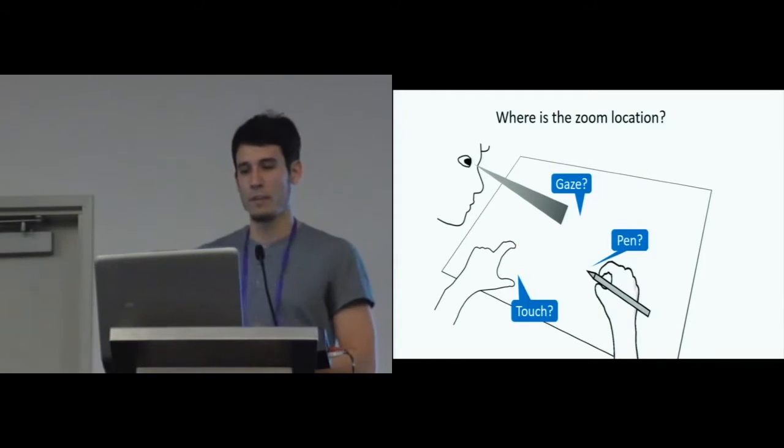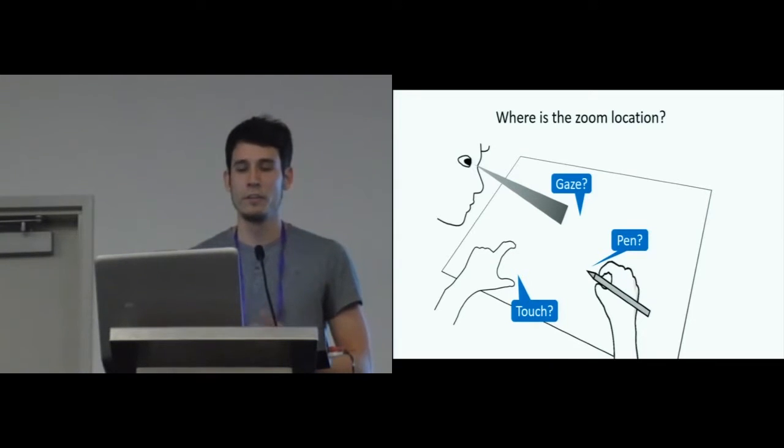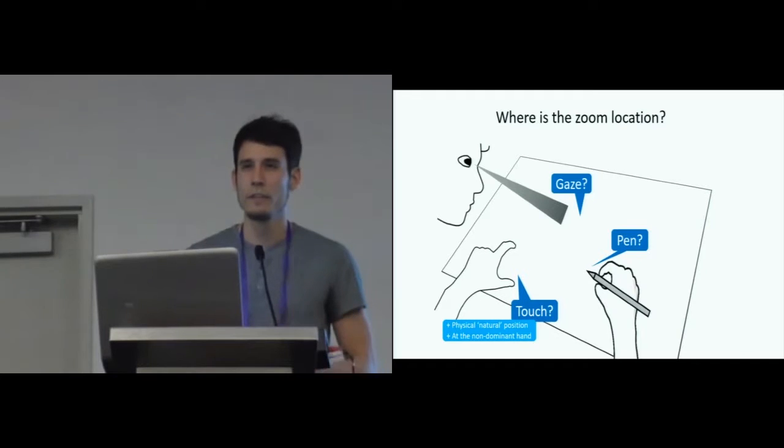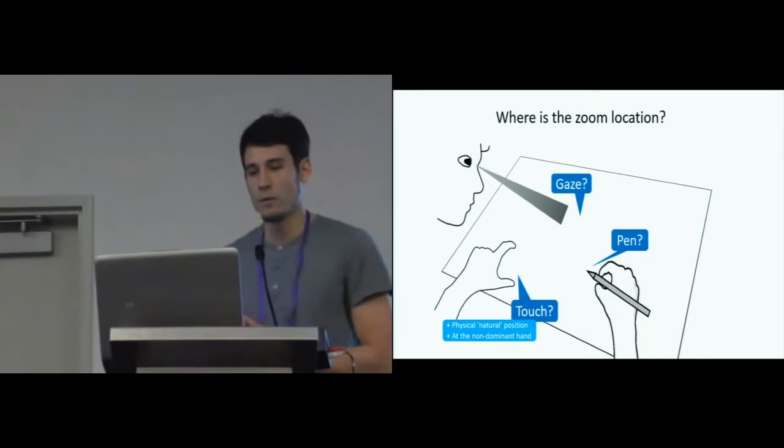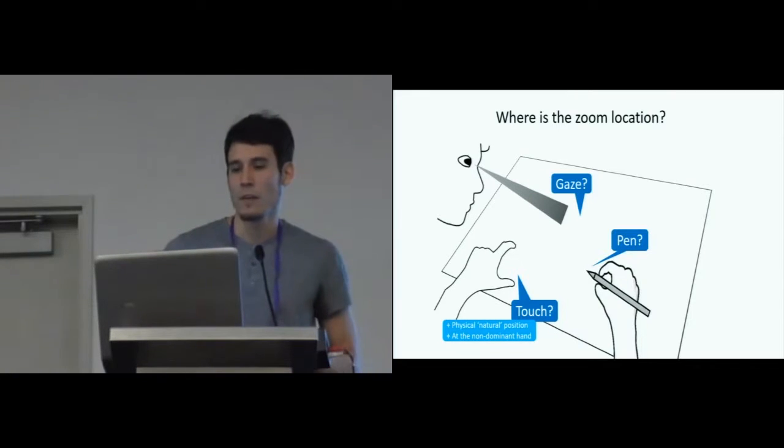So these are three different ways of zooming on the display, and each of them has its individual benefits. Using the touch position is the physical, natural way of doing it, and we're all familiar with it, so this totally makes sense.